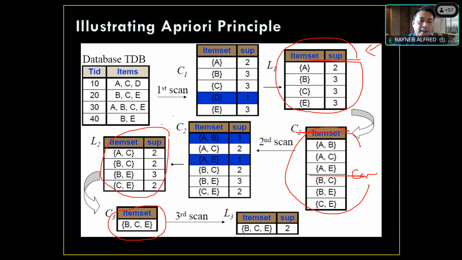This is the frequent 2 item set, and this is the frequent 3 item set. So in the exam, I may ask you to find all the frequent item sets, which consist of 1, 2, 3, 4, and so on. So you will have to continue until there is no more combination that you can get. Okay.